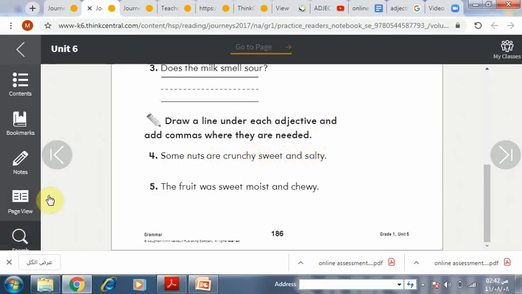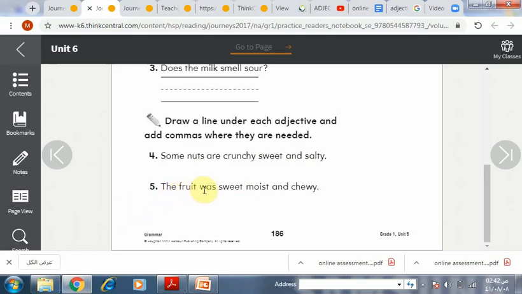And now let's add the commas. Where do we add the commas? Here we're using three adjectives: crunchy, sweet, salty. So, how many commas are we going to add? Two. Here, put the first comma, and here the next comma. Crunchy, comma, sweet, comma, and salty. And is already there.